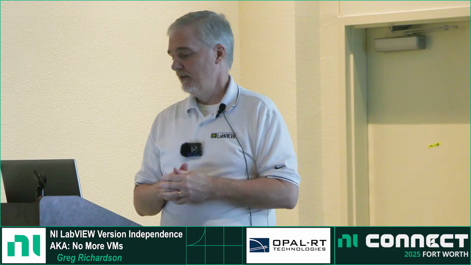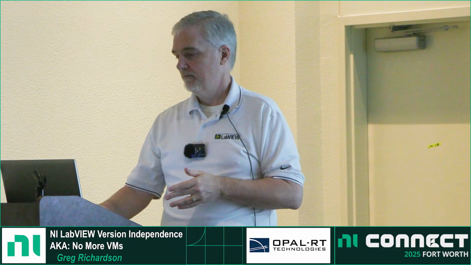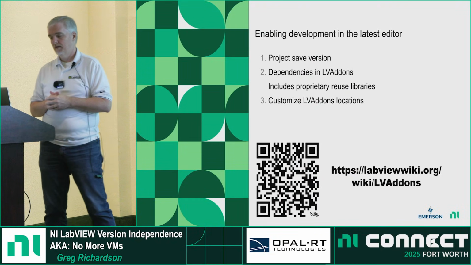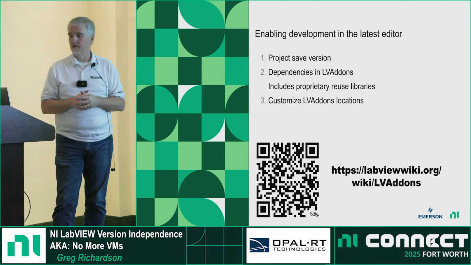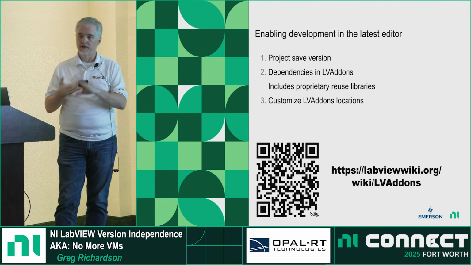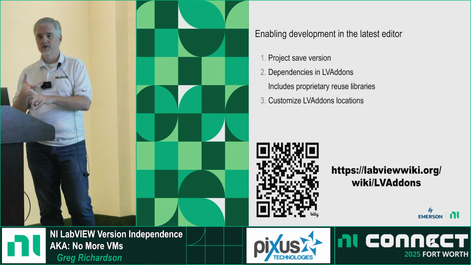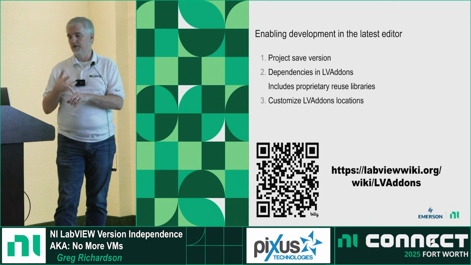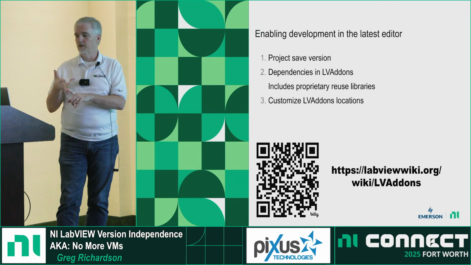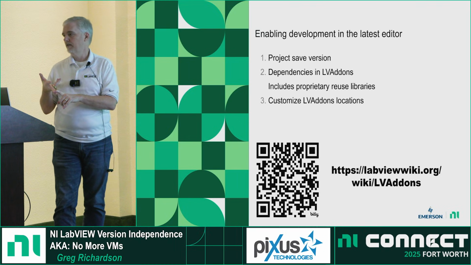Okay, so yeah, that's the end of my content. If we have more questions, but yeah, there's really just 3 key pieces to this. Use the project save version. Understand your options for isolating dependencies and using those custom LV add-on locations.